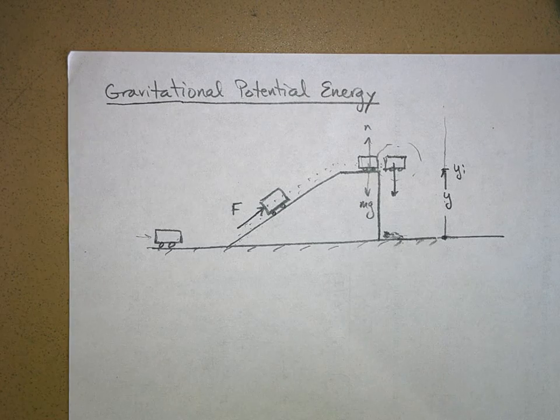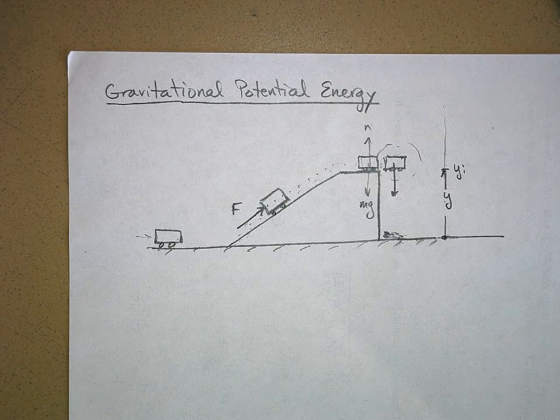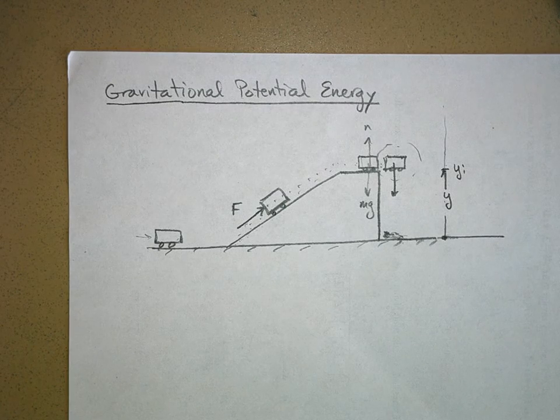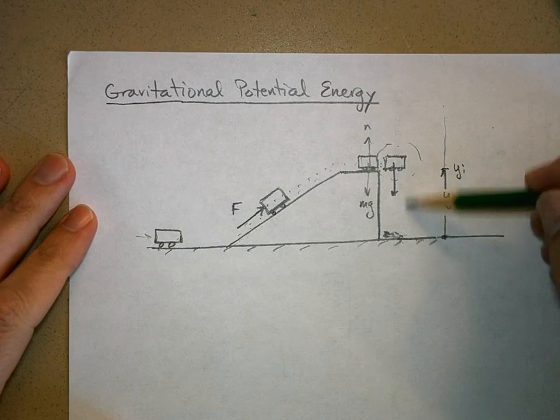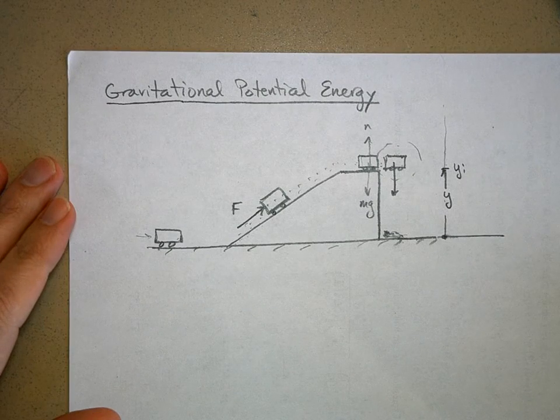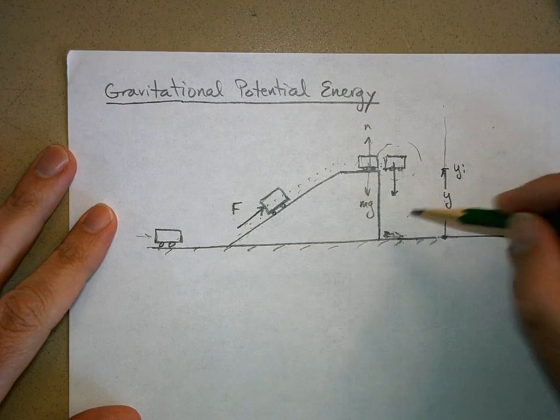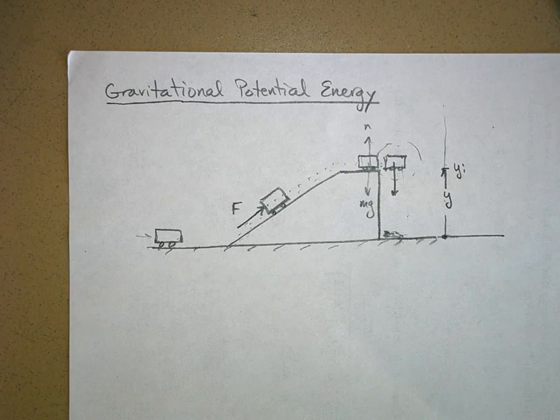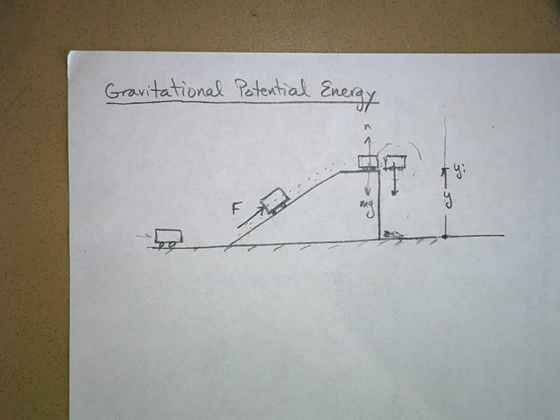All right, but anyway, I think what you can see here is that gravity can do work in this problem. And so how much work can it do? Well, that's what we call gravitational potential energy, is the work that gravity can do.